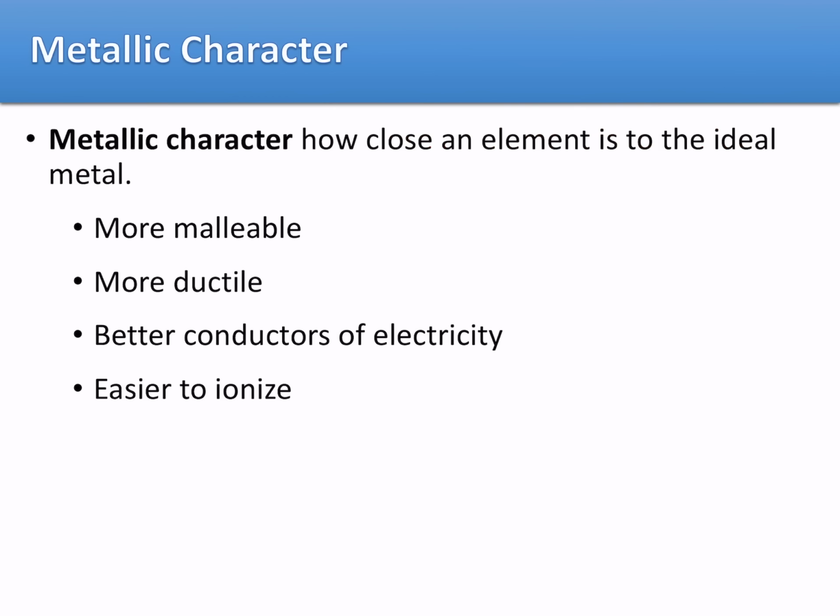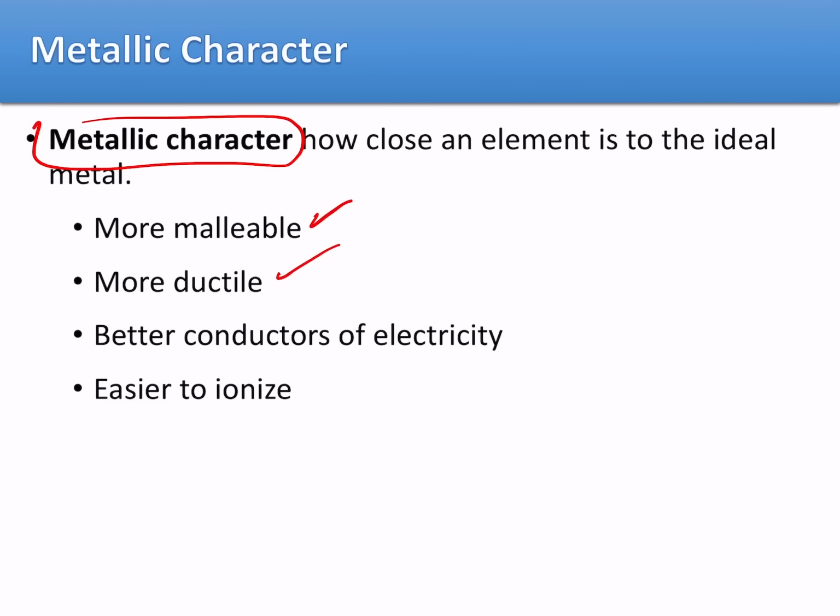And now we want to explain why that happens, particularly for the metals. So the metallic character refers to how close a given element is to the ideal metal. And what's an ideal metal? Well, an ideal metal has the main properties that we were discussing: more malleable, easier to make shapes out of it, more ductile, easier to make wires out of it, better conductors of electricity.